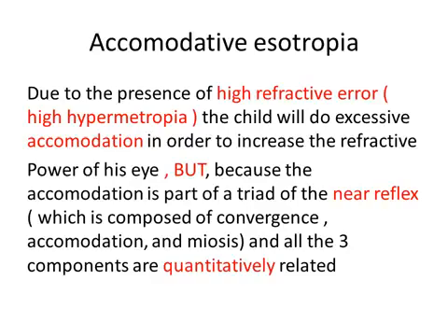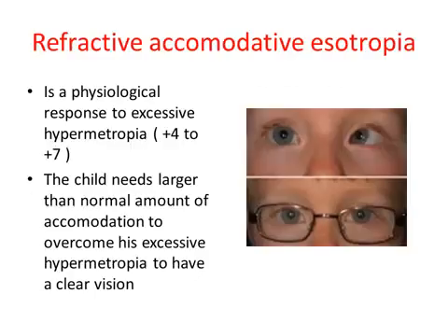But because accommodation is part of a triad called the near reflex, which is composed of convergence, accommodation, and miosis, all these three components of the near reflex are quantitatively related. So refractive accommodative esotropia is a physiological response to excessive hypermetropia, usually in the range of +4 to +7.